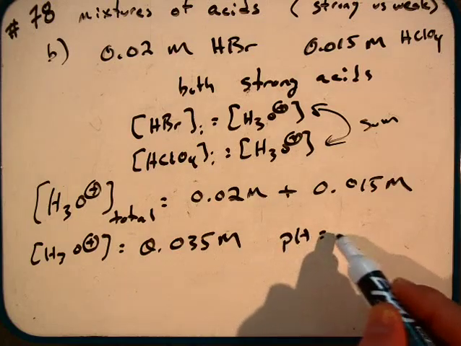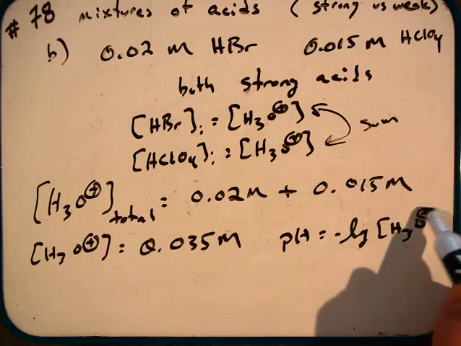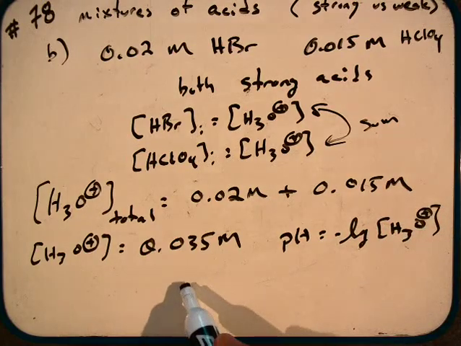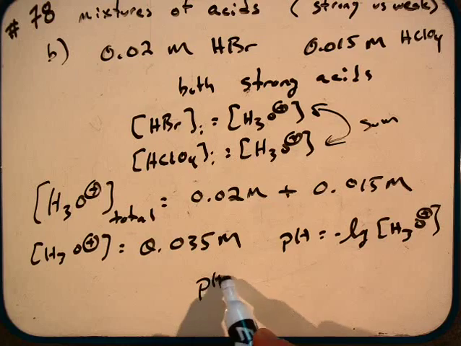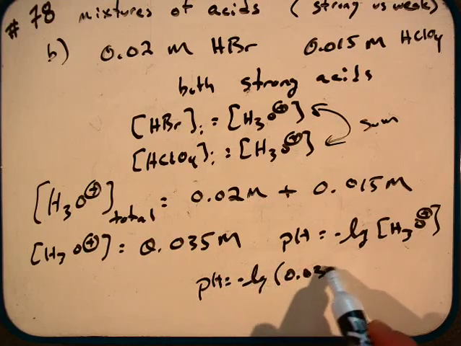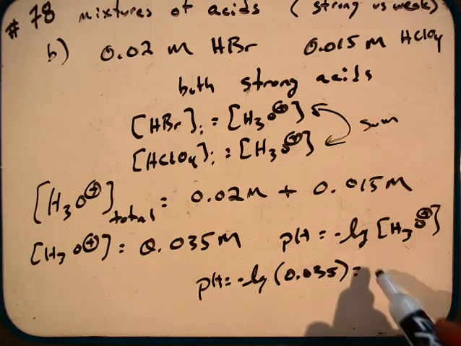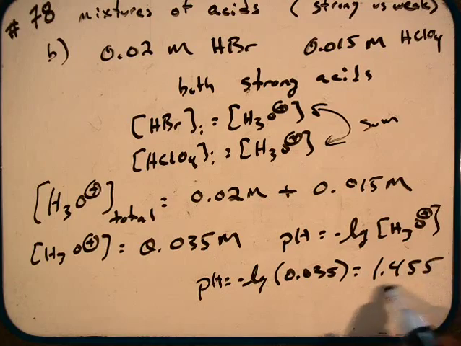Ultimately from that we can get the pH, right? The pH is equal to the negative logarithm of the H3O plus, so our pH is equal to the negative log of 0.035, which is equal to 1.455.